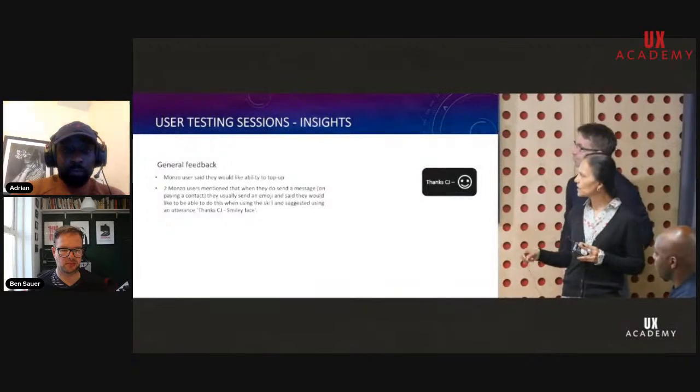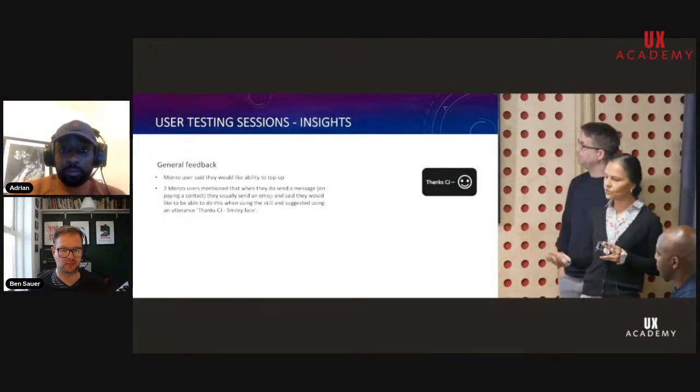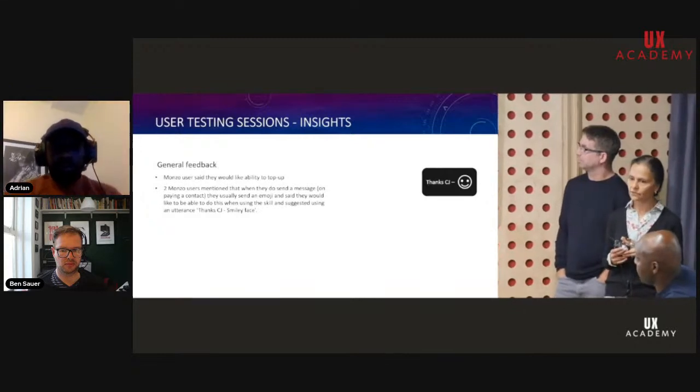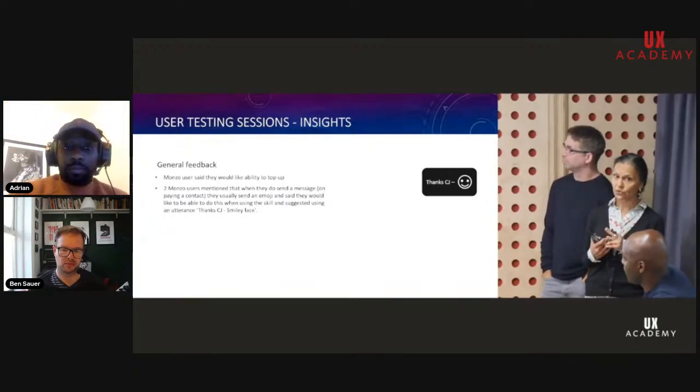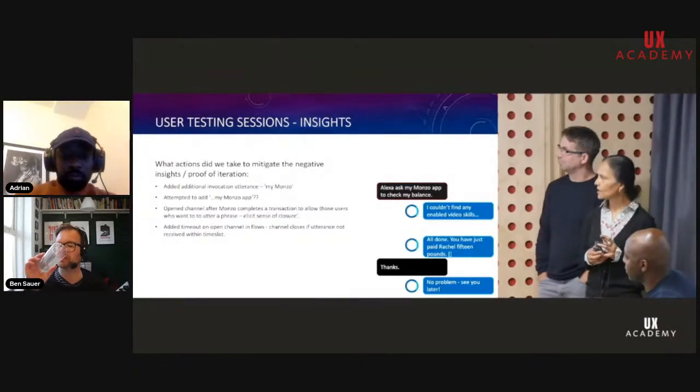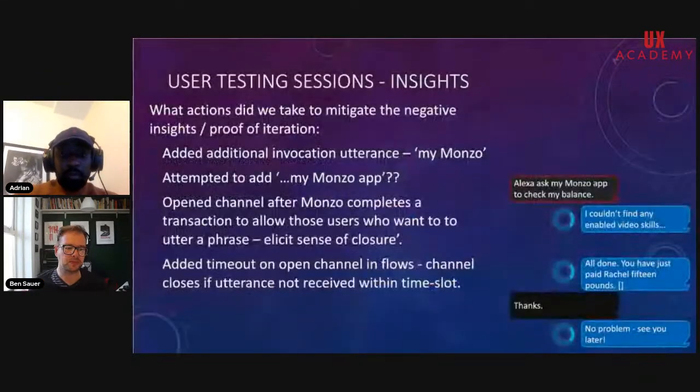General feedback was that Monzo users obviously have 3 key features they use, and top up would have been one they would like. We added additional invocation utterances. The other thing is the open channel. We tested opening it and included that in the flows.